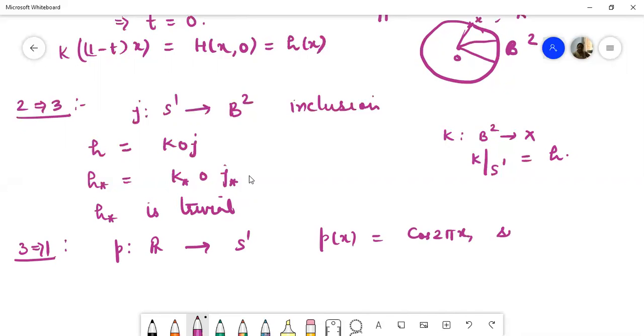So this is the standard covering map from R to S1. And we take p naught, which is the restriction of this mapping p to the unit interval I. So this p naught is basically p restricted to the unit interval I.